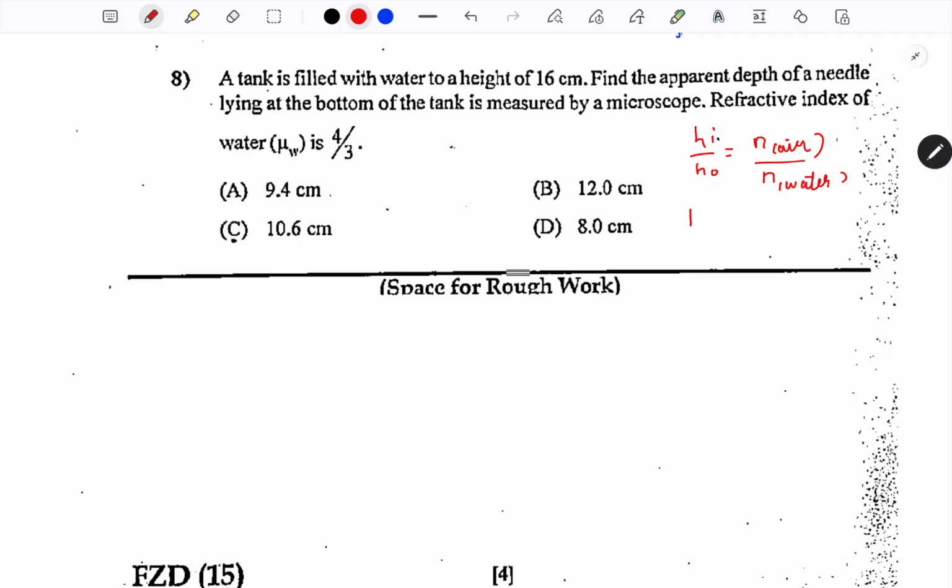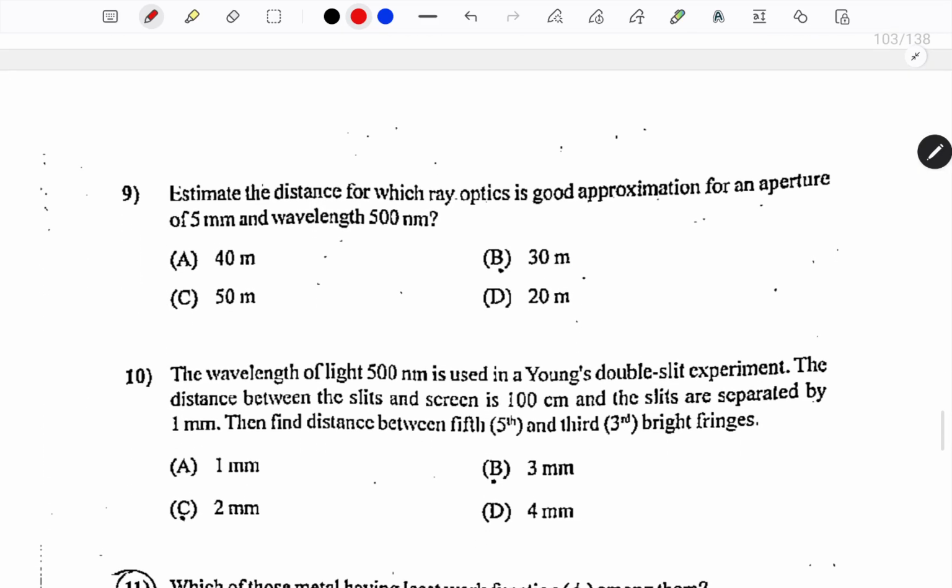Everything is given, so H is equal to H0 into na by nw. The height of the object is 16 centimeter, multiplied by 1 divided by 4/3. So the answer will be 4 into 3, which is 12 centimeter. Option B. Next, see what the next question says.